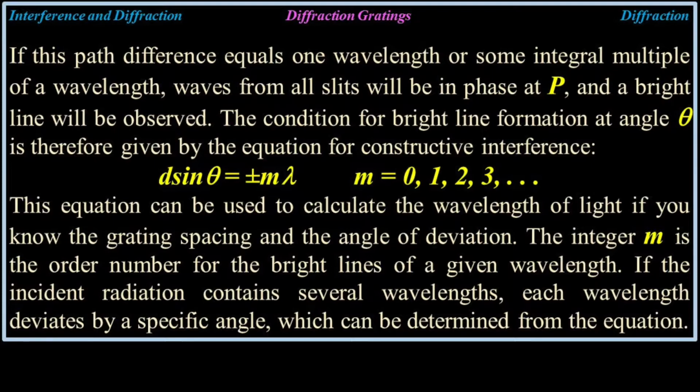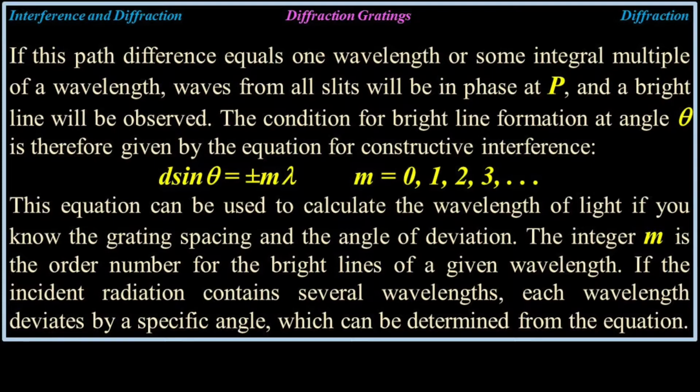If this path difference equals one wavelength or some integral multiple of a wavelength, waves from all slits will be in phase at P, and a bright light will be observed. The condition for bright line formation at angle theta is therefore given by the equation for constructive interference, d sine theta equals plus or minus m lambda, where m is an integer.